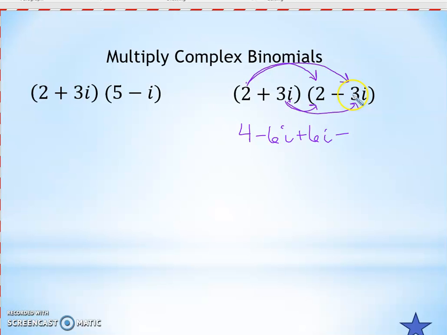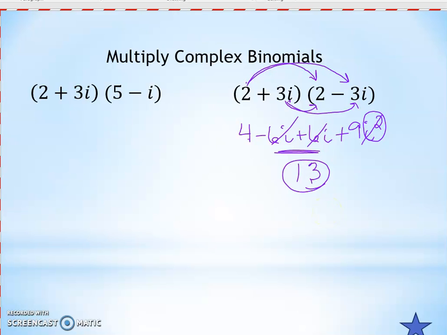So negative 3i times 3i is negative 9i squared. Because this is i squared, it's going to go away, and we're going to change the sign. In the middle, because this was plus and minus of the same thing, these 2 terms cancel each other out, and all we're left with is 4 plus 9, which is 13 for this particular solution.